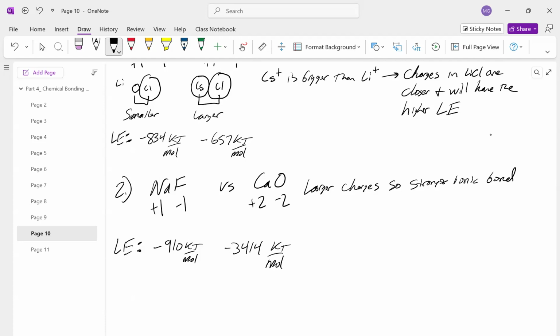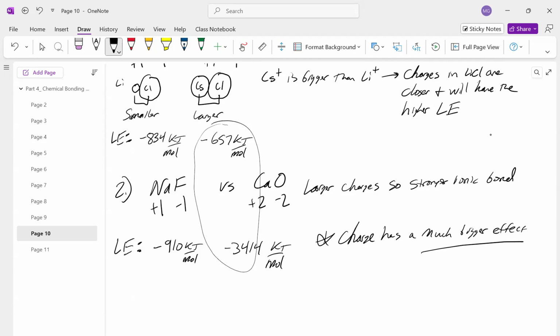So the reason we always start comparing charges first is that charge has a much bigger effect. Just compare those values.